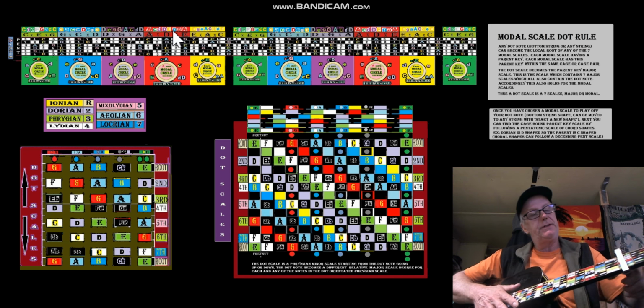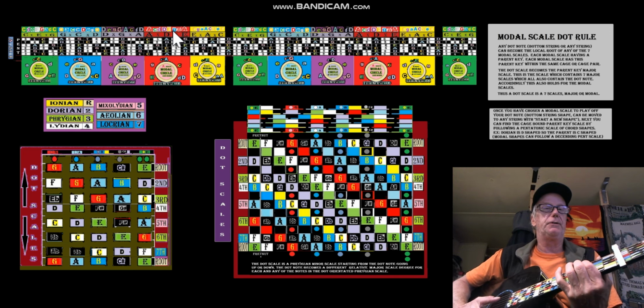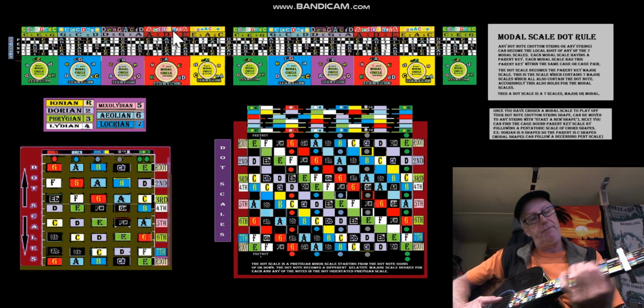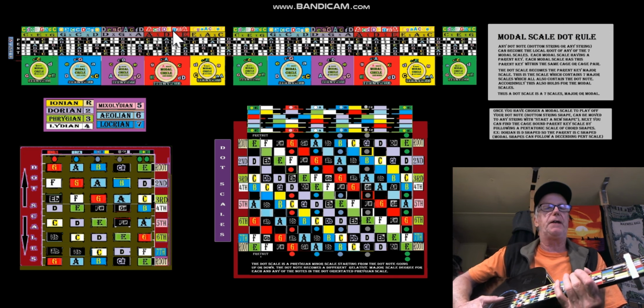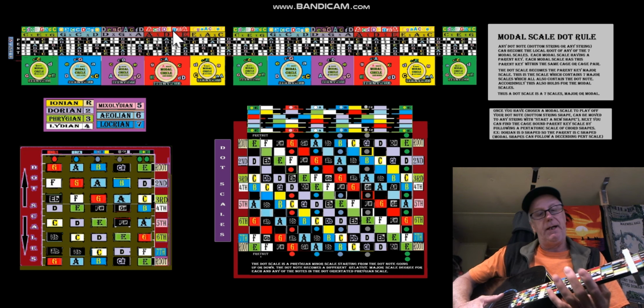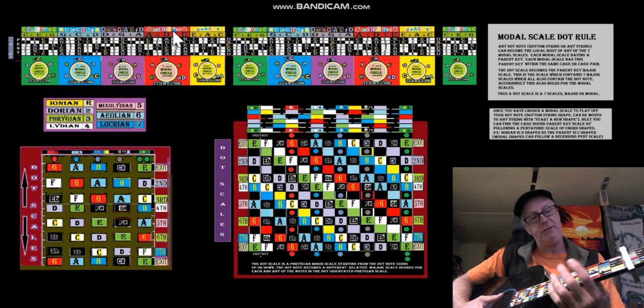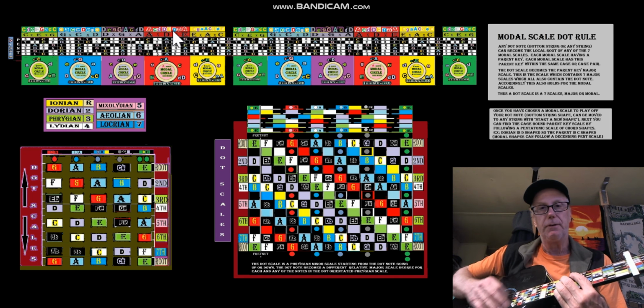Alright, so I would say similarly, anytime you consider a dot the fifth of a key, let's say we have the A dot here, and we're going to consider that the fifth of something, so the A would be the fifth of D. At that point, if you play an A shape there, that's your major home key there.